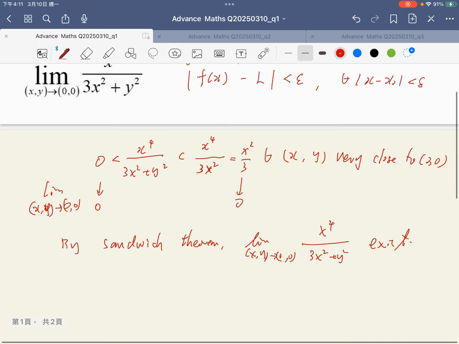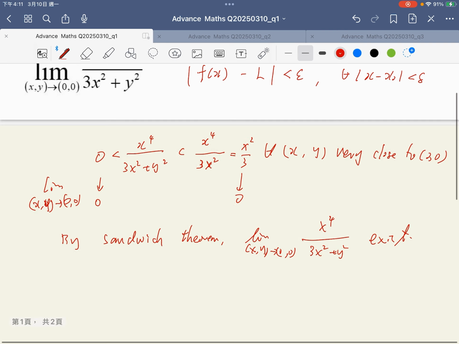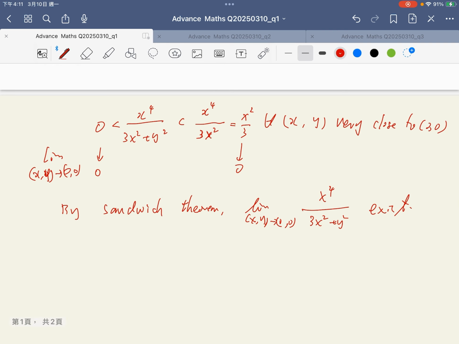Okay, next step, we have to find the limit. What is the limit here? We have actually already found it, because the limit should be equal to 0, since both sides are 0. But I want to present another method. If you prove it exists, then you can calculate the limit. A standard method is to use polar coordinates.